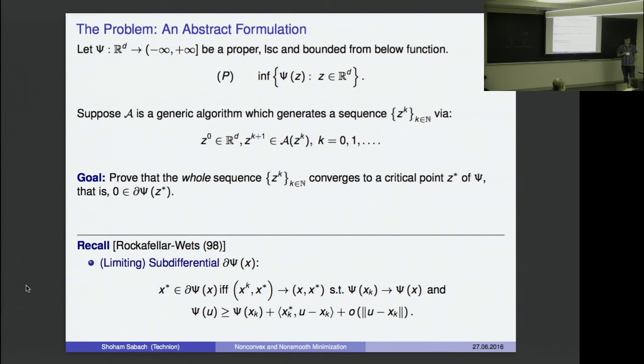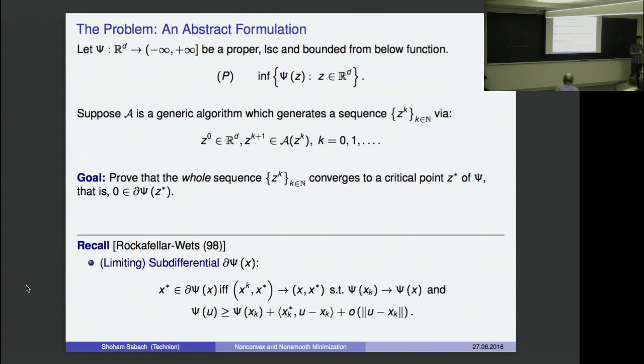By critical point, we mean a zero of the subdifferential, which is the classical notion, but here we need to take care: since the function is non-convex, by subdifferential we mean the limiting subdifferential, which was defined by Rockafellar and also Mordukhovich. There are several people who dealt with this definition, and I will not get into much detail.